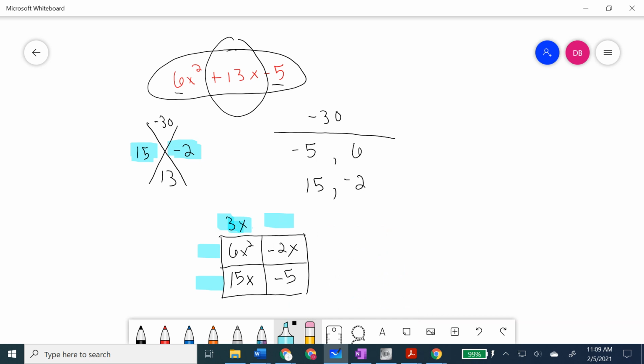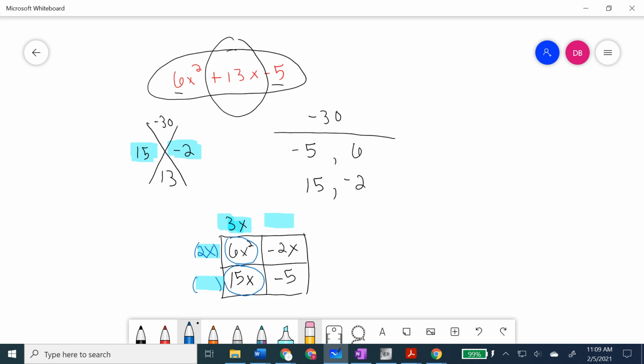then the game is on, because now you are looking at 3x times whatever is here gives you 6x squared. So 3x times what gives you 6x squared? That would be 2x. Then come down here. 3x times what gives you 15x?